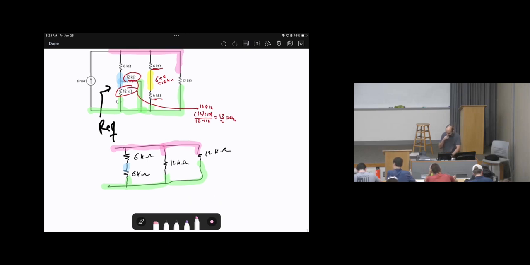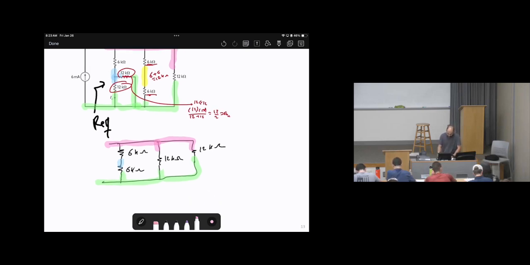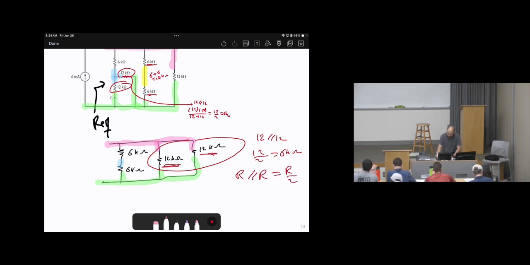So what other simplification can I do? 12 and 12, these two are in parallel. So 12 parallel with 12 means 12 divided by 2, which is 6 kilo ohms. Why did I make it 12 divided by 2? Whenever you have R parallel with the same resistor R, this equals R over 2.